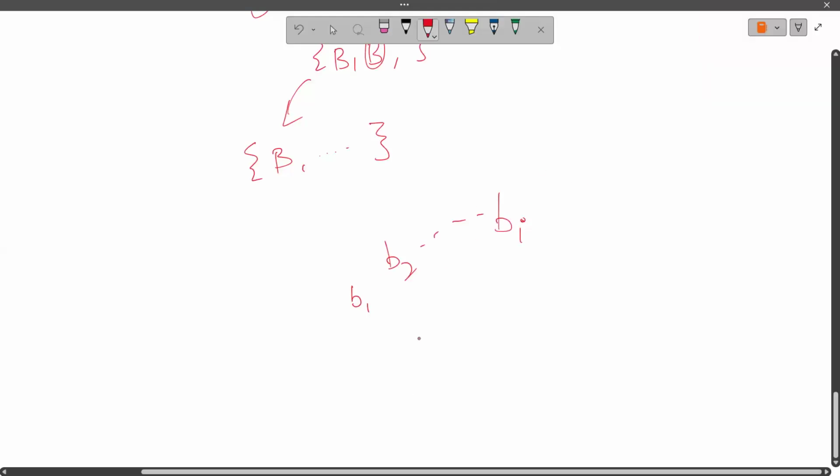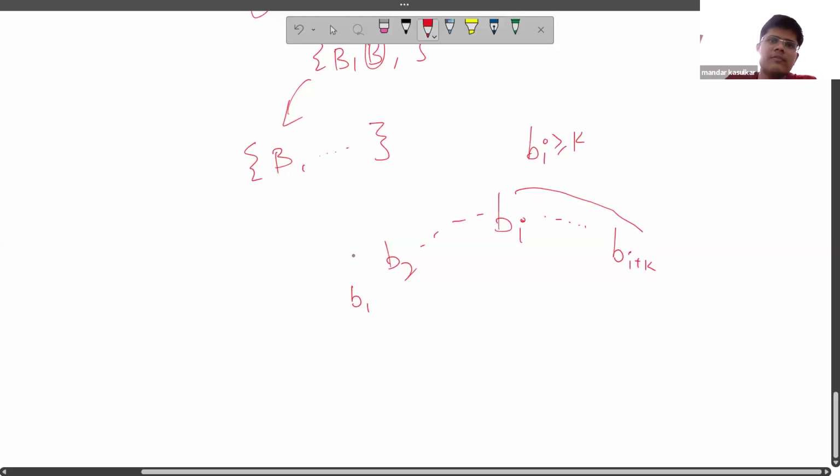So suppose there is a string of these such that the bi's are positive, from bi to bi plus k. All of these people are in one string who have at least one bi. Wait, the B1 through Bi are the people who have at least one bi? No, you might as well define it as zero.